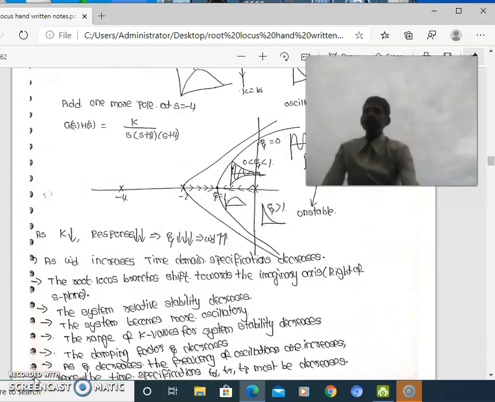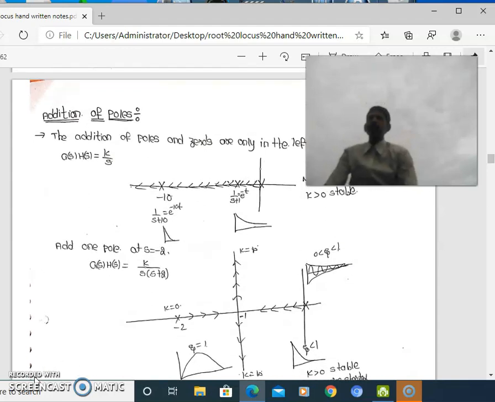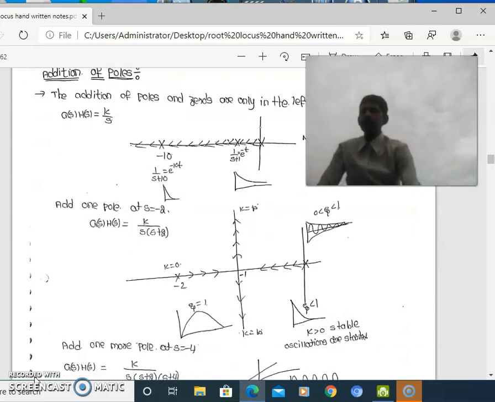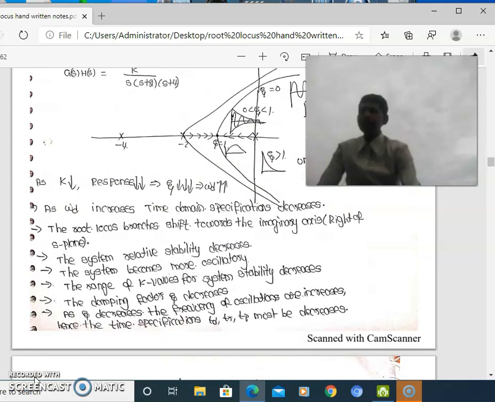Dear students, in the previous class we were discussing the addition of poles to the root locus, the effect of addition of poles to the root locus. See here, in the previous class we had given a note that as omega d increases, time domain specifications decrease.